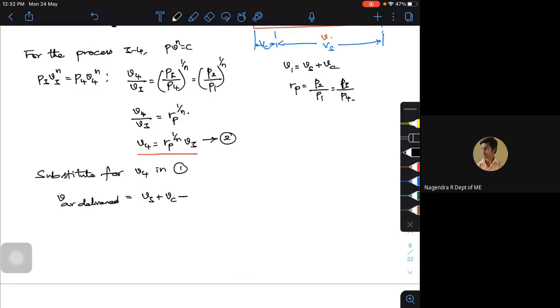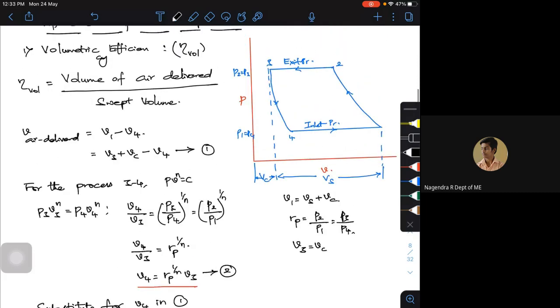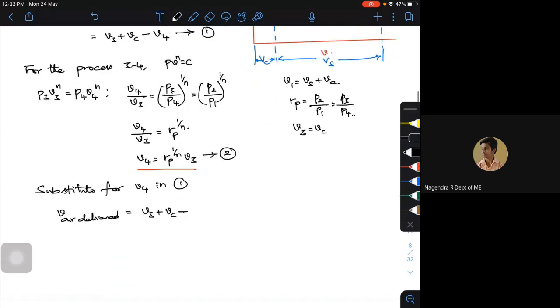What is your V3? We know that V3 is equal to Vc. If you go back and see here, your clearance volume is Vc. So V4 is Vc Rp to the power of 1 by n. So Vs plus Vc minus Vc into Rp to the power of 1 by n.